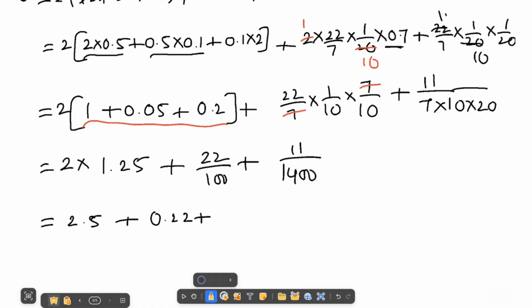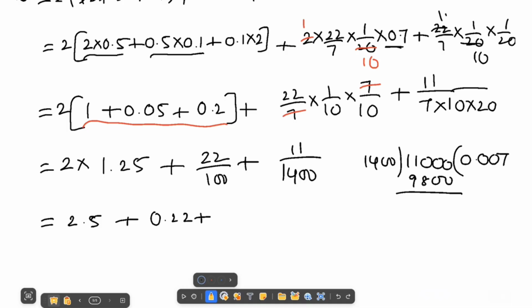Plus let's divide 11 with 1400. If you put 0 point, you'll get one more 0, so it is 1100. 1400 times 7 is 9800.